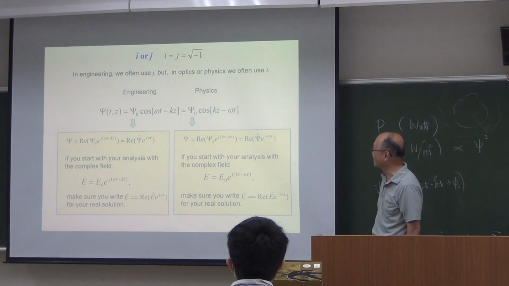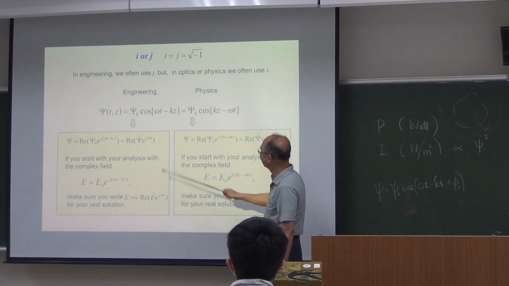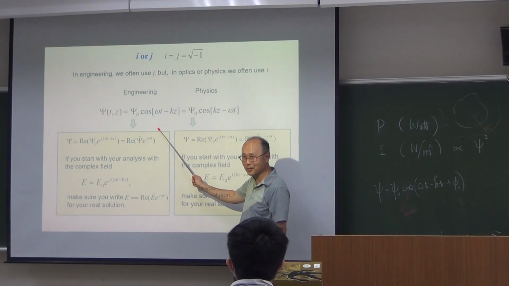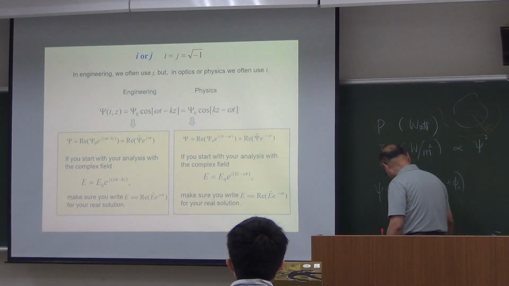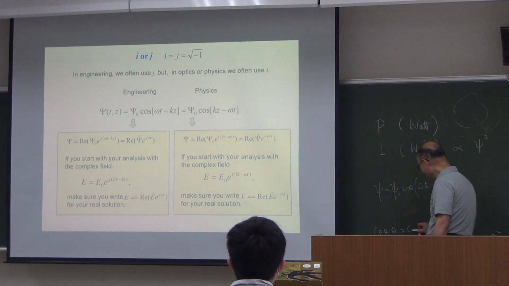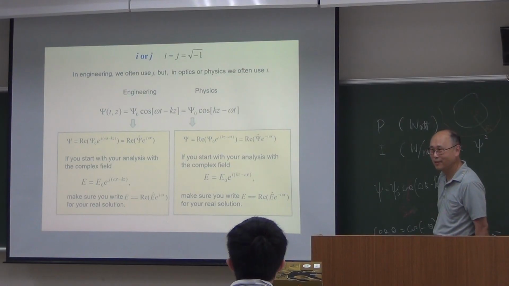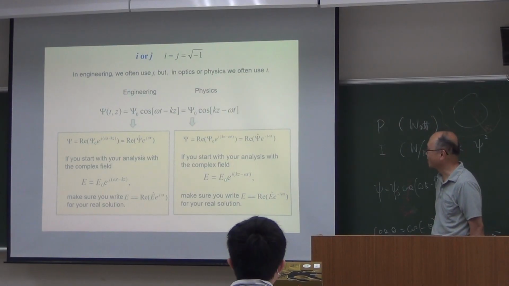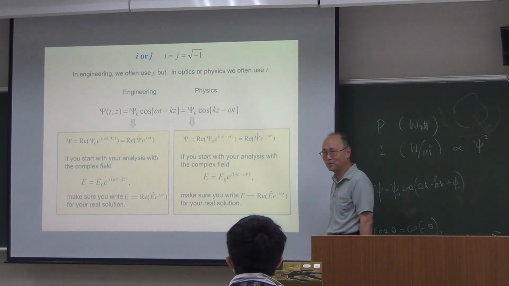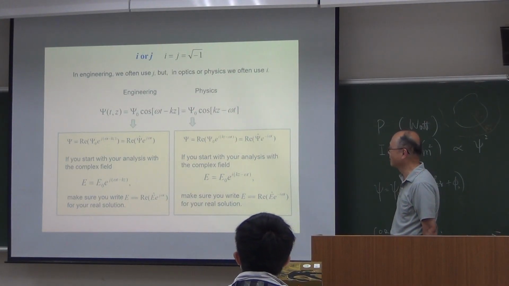And then what happened is that these two in the real world are the same, right? Cosine theta is equal to cosine minus theta. So in the real world, these two are the same when you deal with signal processing.